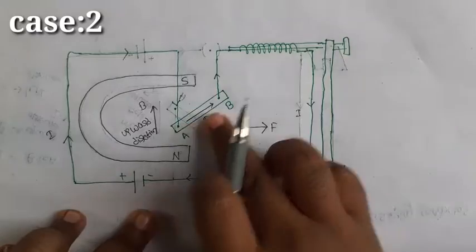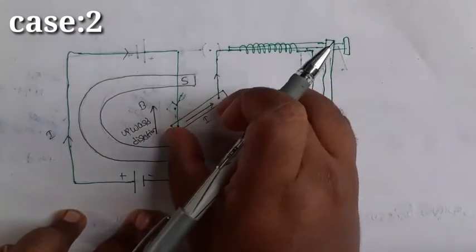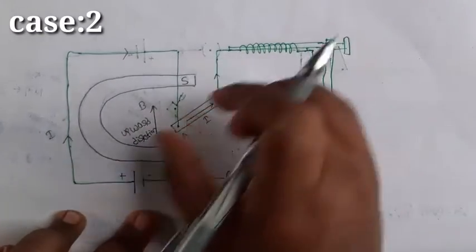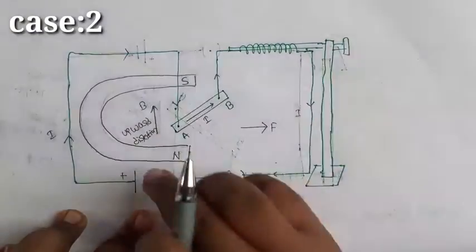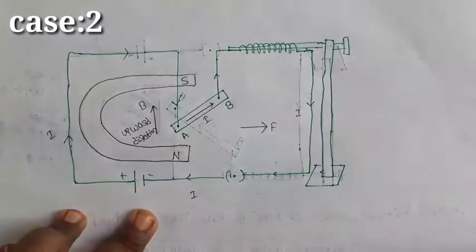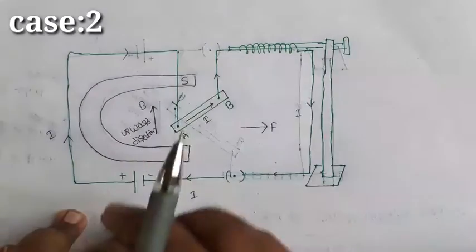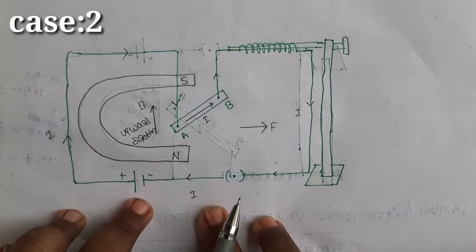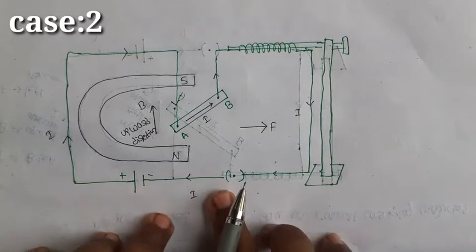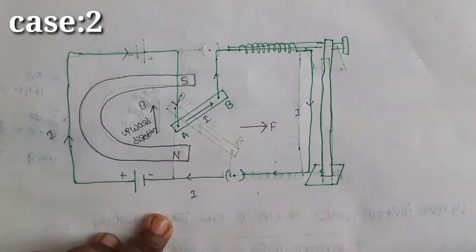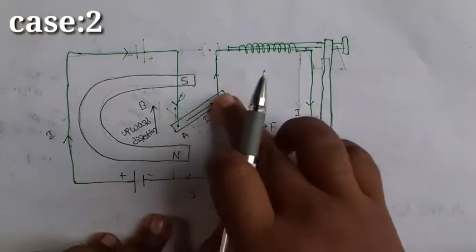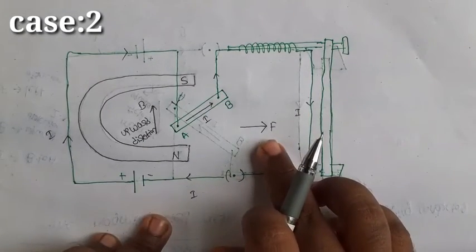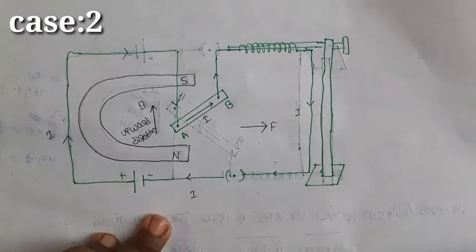So this conductor moves in this direction. This is the direction of displacement of the conductor. When you reverse the current in the circuit, the magnetic force acting on the conductor is towards the right side.